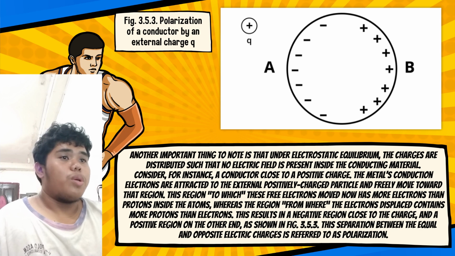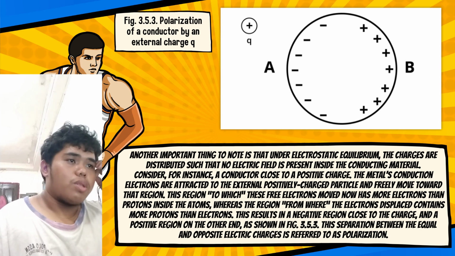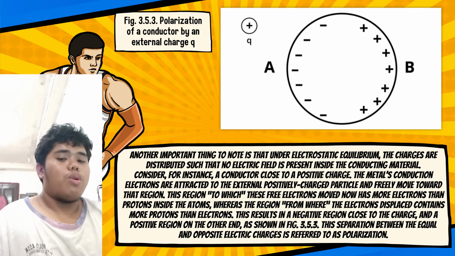This region, to which these free electrons move, now has more electrons than protons inside the atoms, whereas the region from where the electrons were displaced contains more protons than electrons. This results in a negative region close to the charge and a positive region on the other end. As shown in figure 3.5.3, this separation between the equal and opposite electric charge is referred to as polarization.